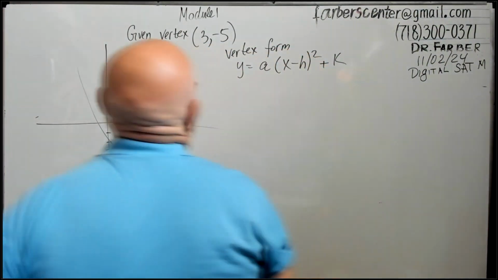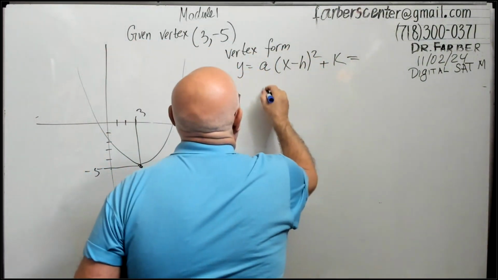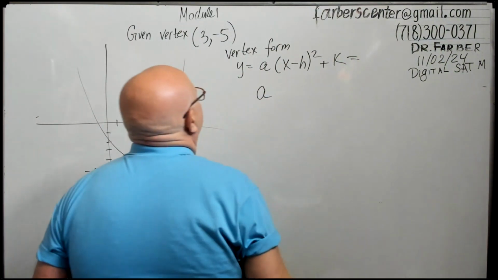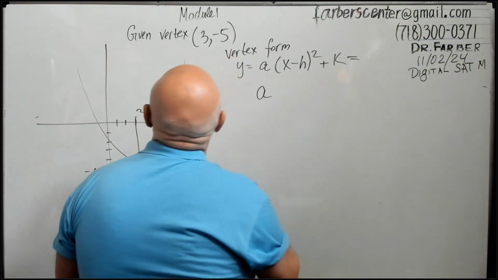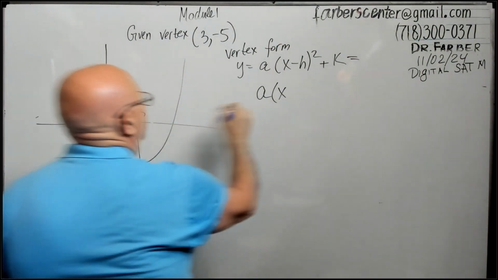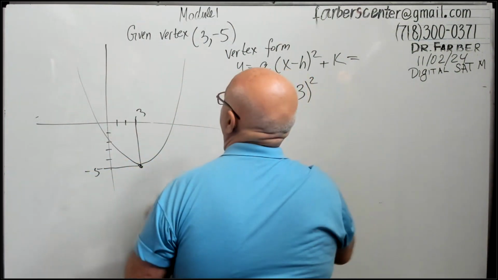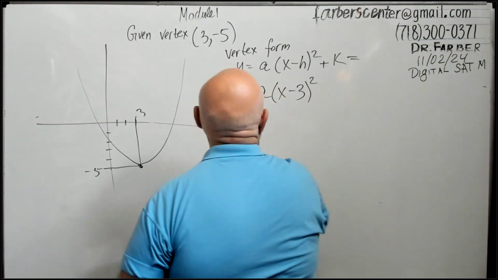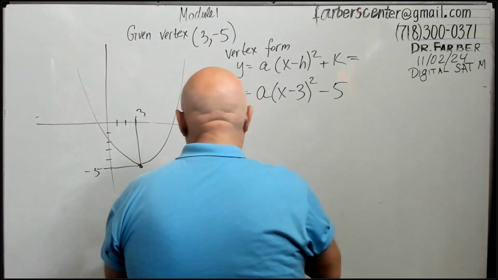Since we have these values for this specific parabola, I don't know a, but I can easily write (x minus 3) squared, and this is -5. This is my parabola. What else do they ask?